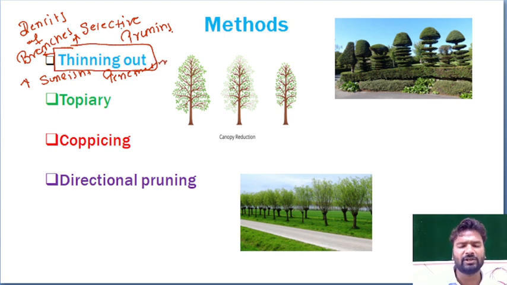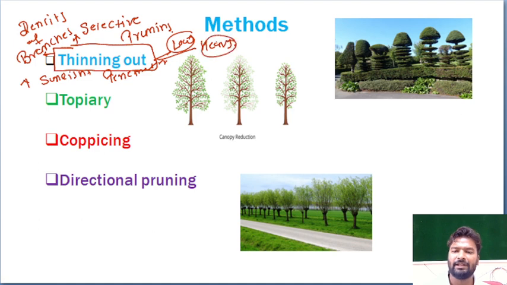This is just removal of extra leaf and branches. So this is called thinning out. And there are 2 types of thinning: low thinning and heavy thinning. Low thinning we can do any time, but heavy thinning we can use only in the summer season.